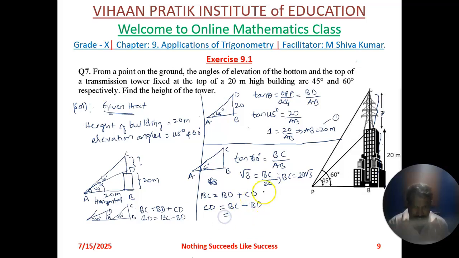BC we just got as 20 root 3, minus BD, which we know is 20. Taking 20 common, CD equals 20 into root 3 minus 1 meters, which is the height of the tower.